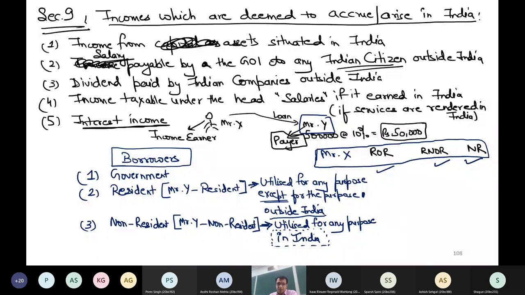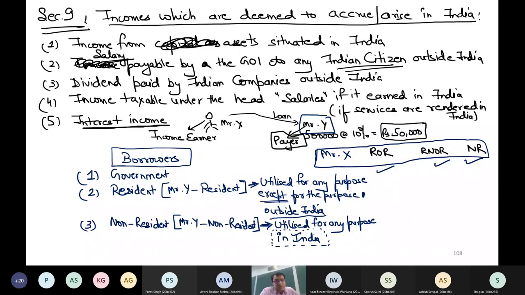Third case. If this Mr. X, who has given 5 lakh to Mr. Y, now if this Mr. Y is non-resident, then also I need to apply section 9, because section 9 talks about interest income, some incomes which are deemed to accrue or arise in India.